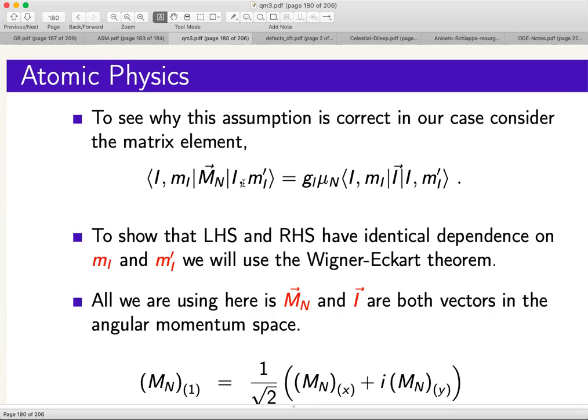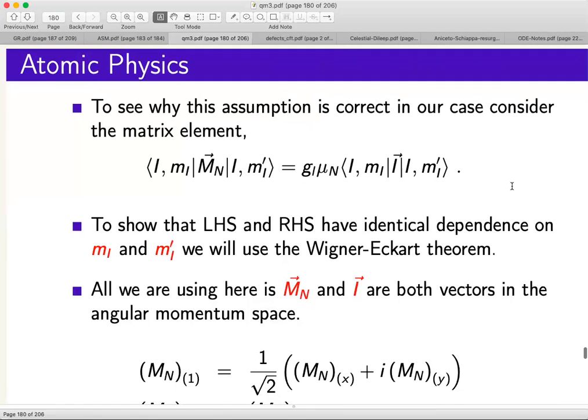I'm not writing down the energy eigenvalue simply because we are essentially working with the ground state, so it is the same state that we are going to look at all the time. This matrix element is of course going to be just gL times the nuclear magnetic moment times the expectation value of I within these states.